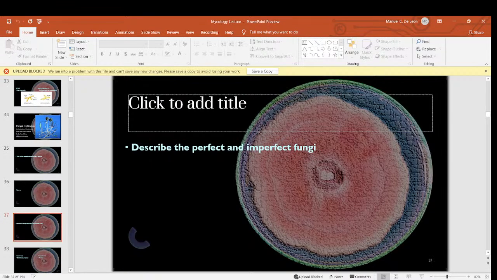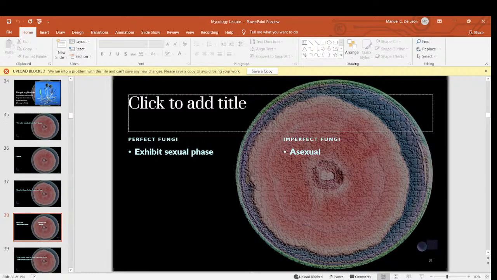And now we have to talk about what we call a perfect and an imperfect fungus. An imperfect fungus is capable of exhibiting the asexual phase. A perfect fungus is capable of exhibiting the sexual phase. It doesn't necessarily have to be an egg cell or a sperm cell, much like botanical topics, where there's always an egg cell or a sperm or gametocytes.